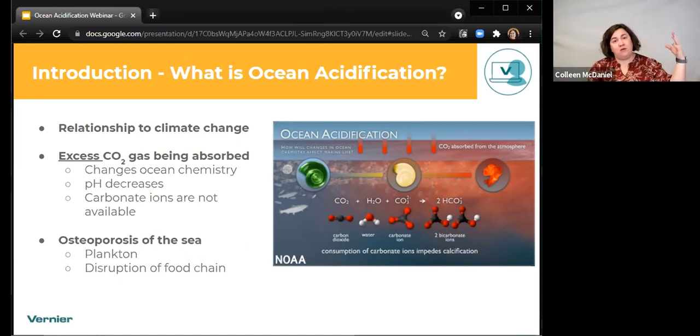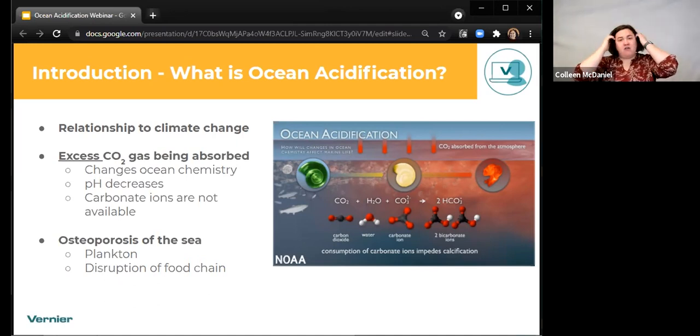By adding more and more CO2, we're getting more and more bicarbonate being produced and making less carbonate available. And carbonate is really, really important in the ocean ecosystem, primarily because it builds a lot of the building blocks of bones and skeletons of the different organisms.